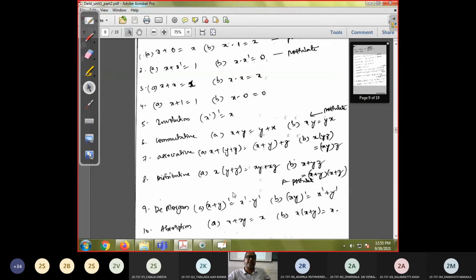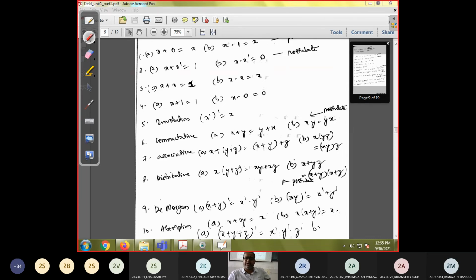So I can generalize this De Morgan's theorem for the case of n variables as well. I can write it for the case of 3 variables. In the case of 3 variables, my De Morgan's A statement becomes x plus y plus z whole complement will be equal to x complement ANDed with y complement ANDed with z complement.